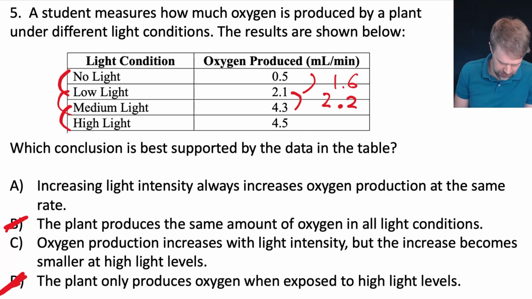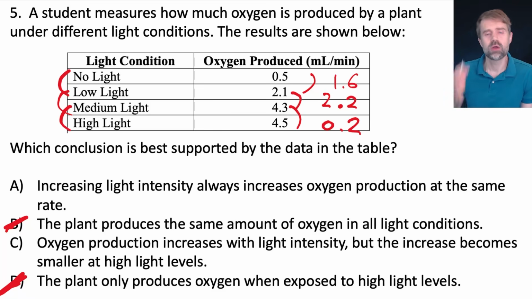Then we go from medium light to high light, 4.3 to 4.5, and that is a 0.2 change. So A, increasing light intensity always increases oxygen production at the same rate? No, the rate changes. 1.6, 2.2, 0.2. So we know that A is not right.